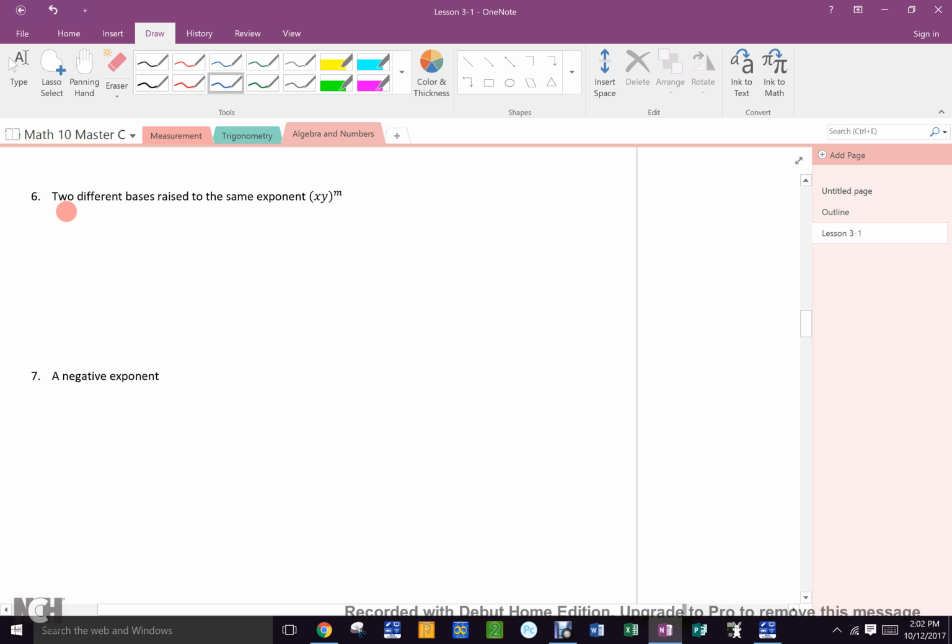Number 6. 2 different bases raised to the same exponent. Doesn't that look very similar to exponent law 4? Except instead of being x over y, it's x times y, right? So if I gave you 2 times 3 squared, what would that be?